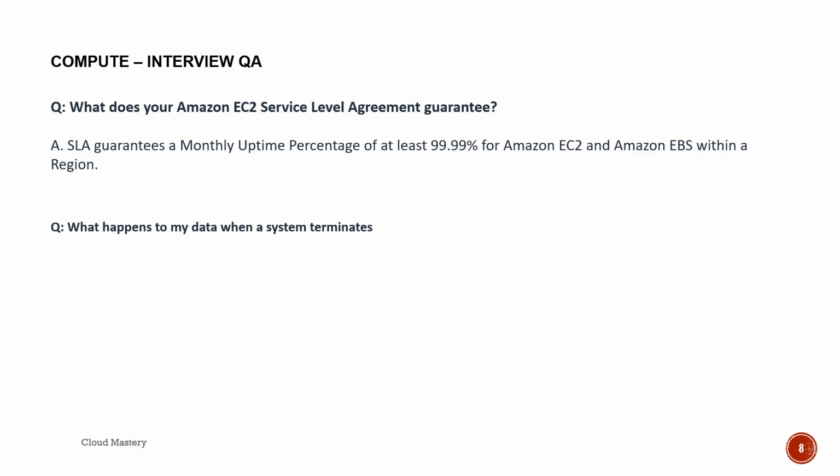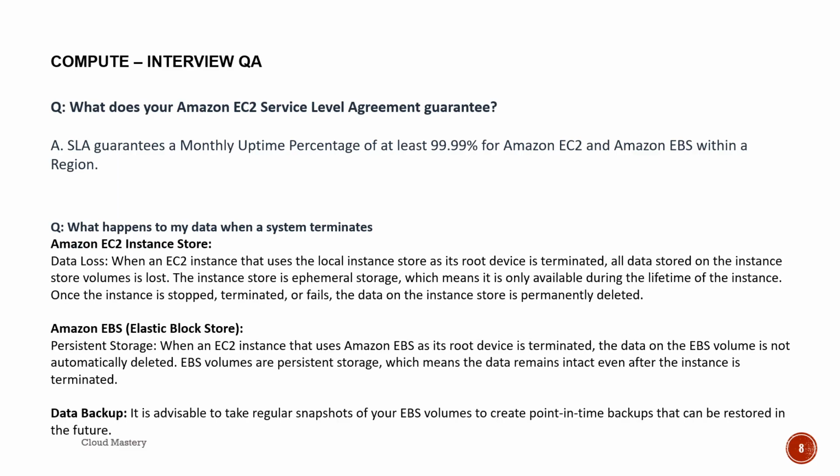If you have an instance store volume with your instance, and both the root volume and the remaining volumes are from instance store, then your data will be lost. But if you use Elastic Block Storage EBS volumes, because this is persistent storage, then even if you terminate the system, your remaining devices will be safe.